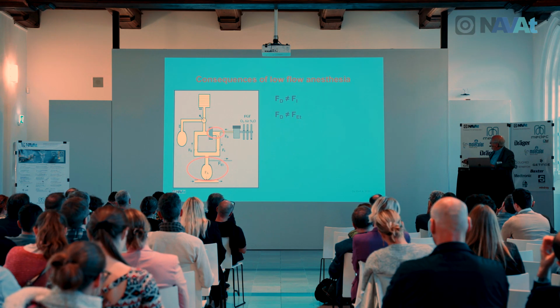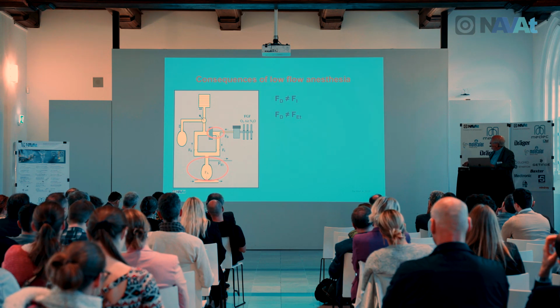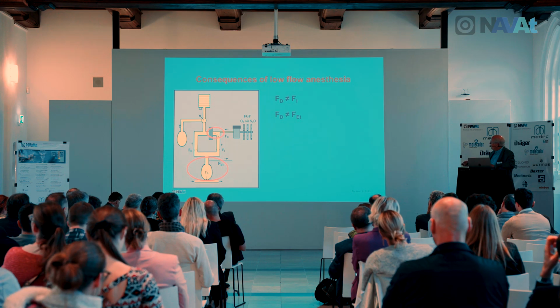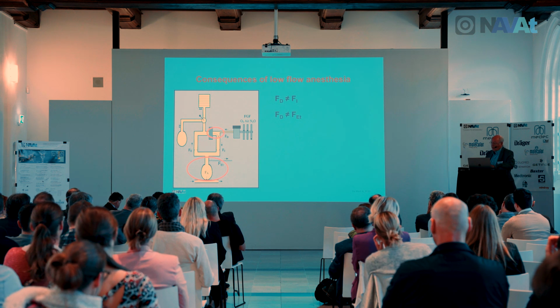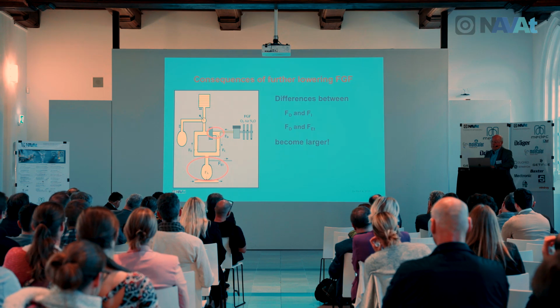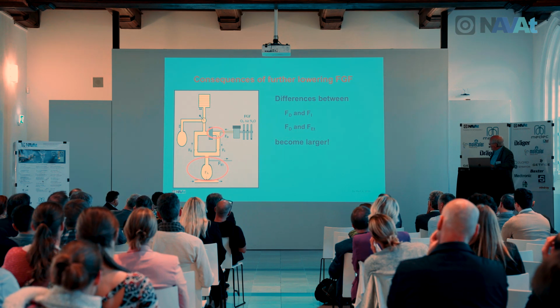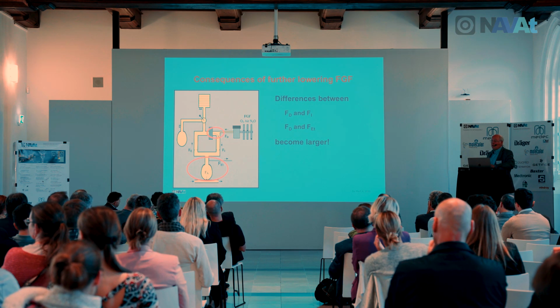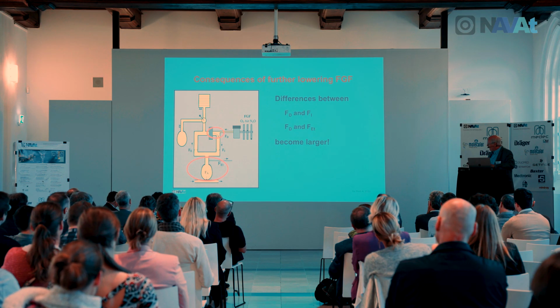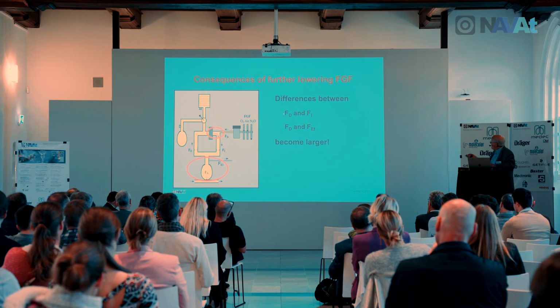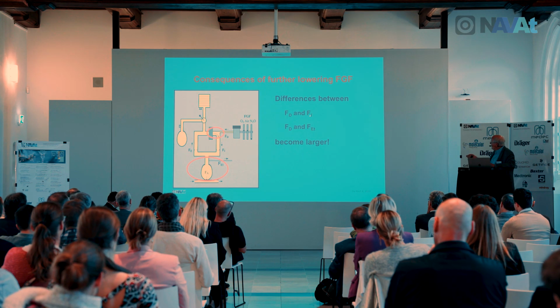Why is that the case? Because there is uptake of anesthetic by the patient. So the concentration of sevoflurane decreases over time because of continuous uptake of sevoflurane in the alveoli. If you suddenly, in the middle of a case, reduce fresh gas flow significantly, let's say you go from 3 liters to 1.5 liters, you have a sudden change in FD and FI.